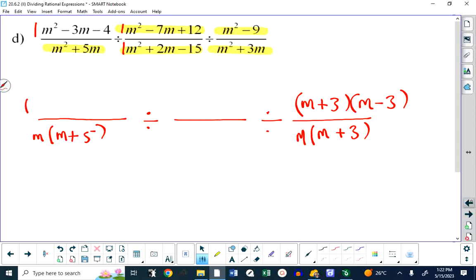So all of these other three are going to factor into binomials of this form. And we're on the hunt now for numbers with properties. In the top of the first expression, we need numbers that multiply to give negative 4 and add to give negative 3.